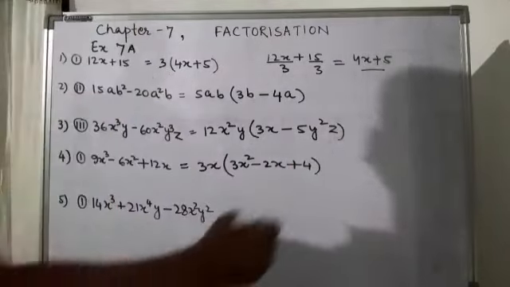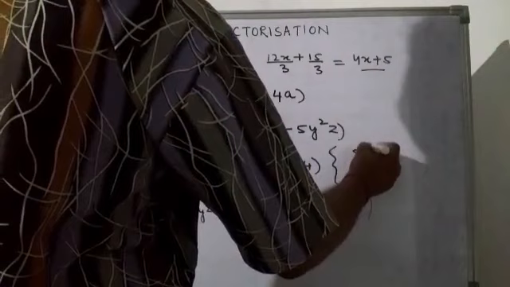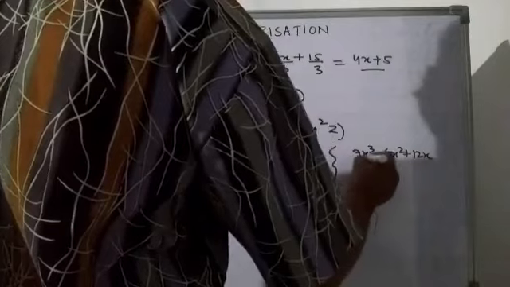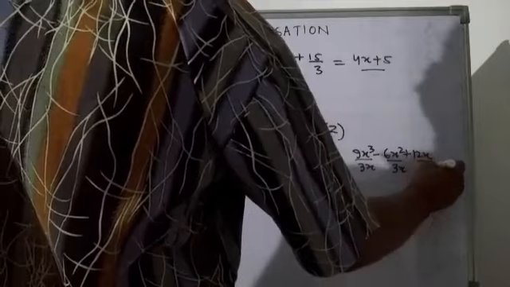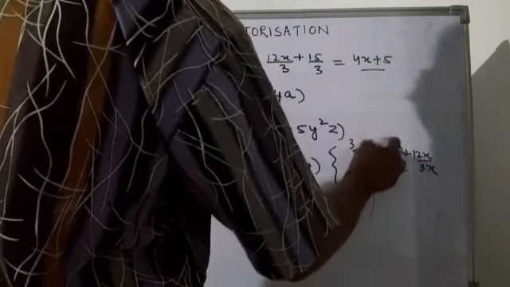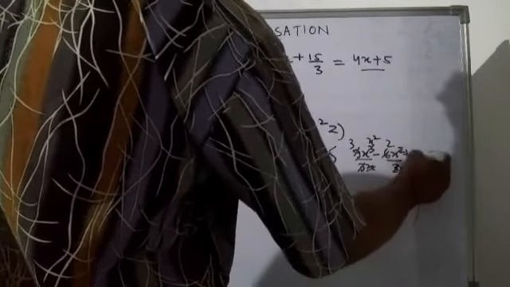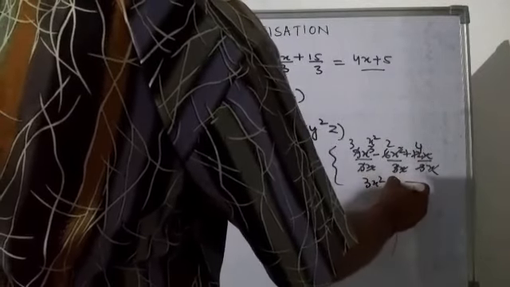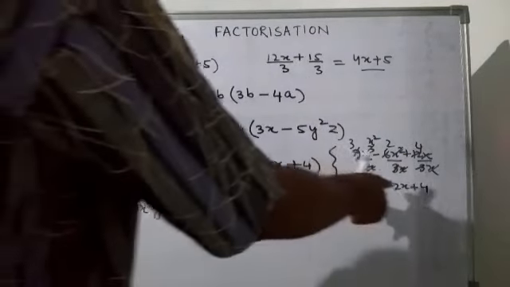Now dear students, you can separately do it in your rough work also. 9x cube minus 6x square plus 12x is divided by 3x: 3 3s are 9, x square, 3 2s are 6, x, 3 4s are 12, x cancels. So 3x square minus 2x plus 4. You can check your solution also.